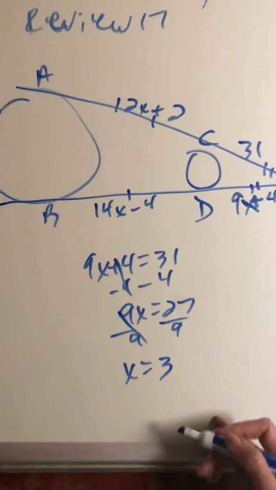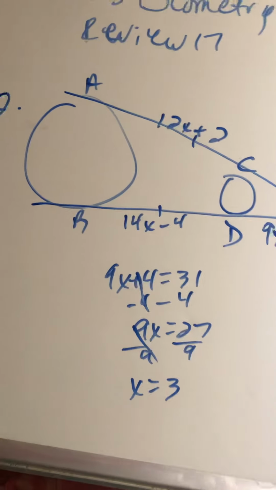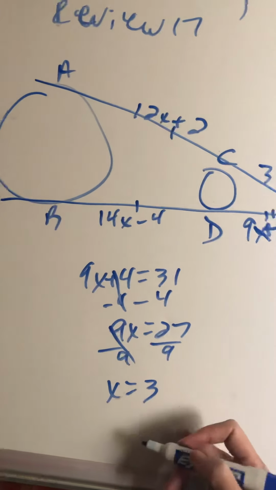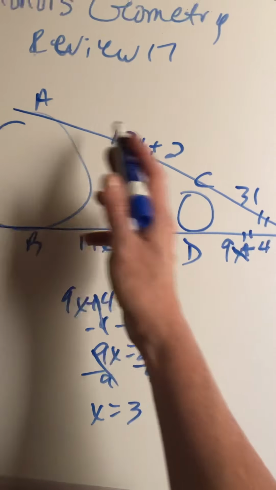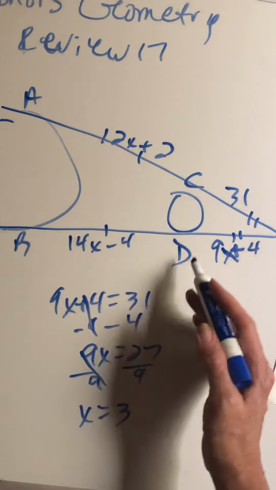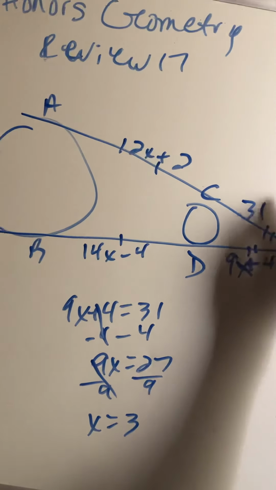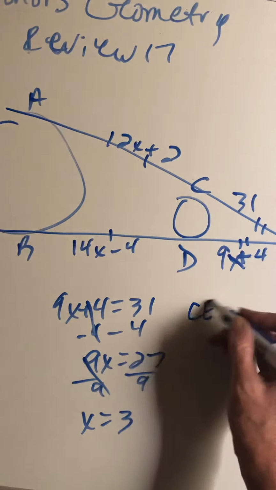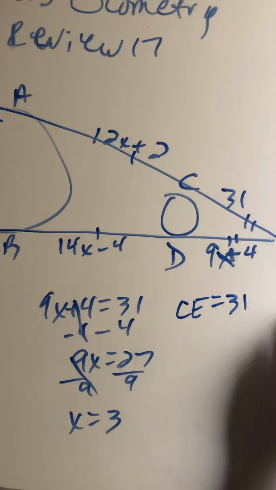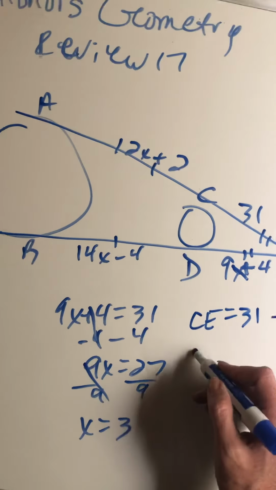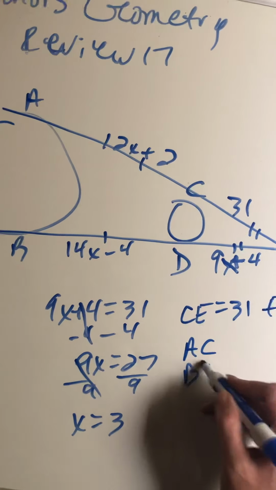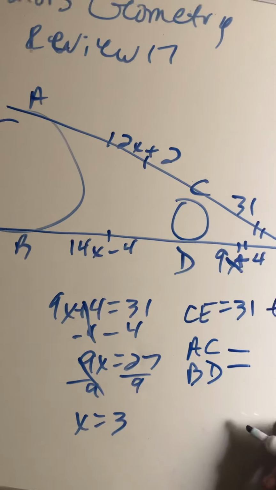Y'all may have had this on the last review and the last test, I think. Seems familiar. Then you're supposed to find from A to C, B to D, and C to E. Well, C to E is right there. C to E is 31 feet. And then A to C and B to D equal the same thing.